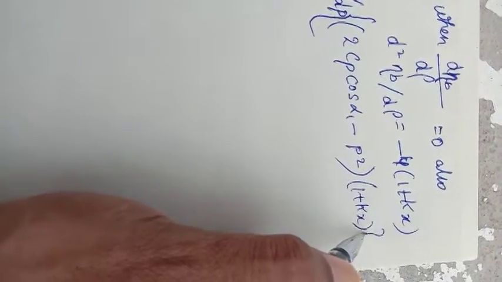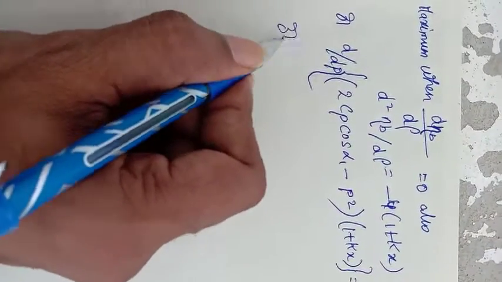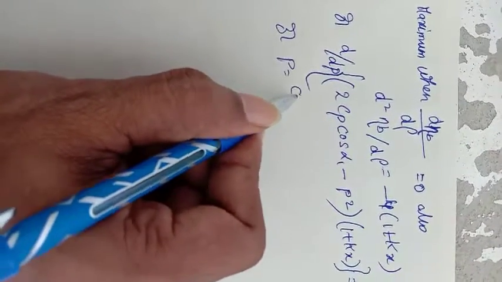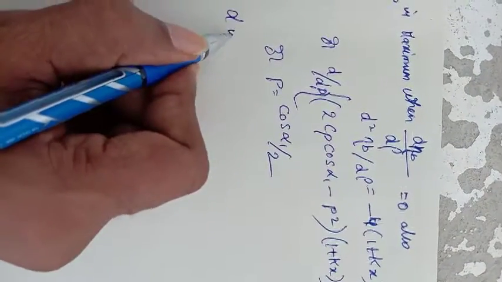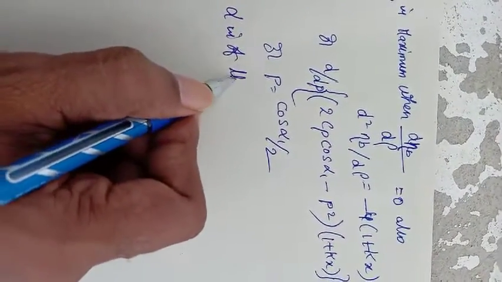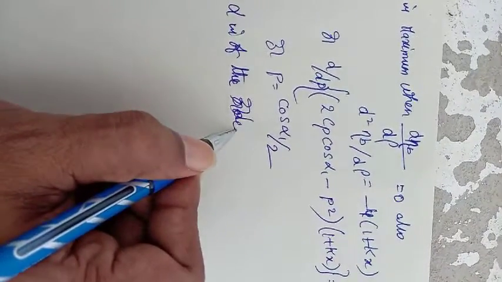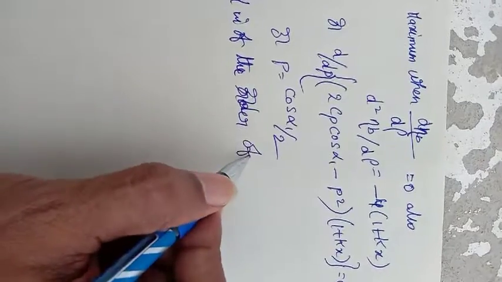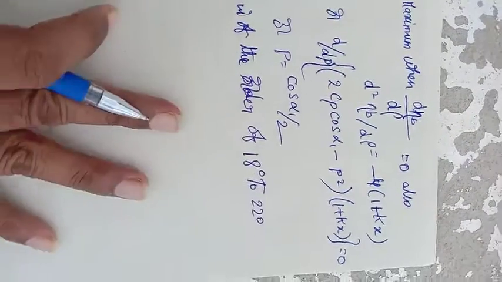Okay, this is equal to 0, or rho is equal to cos alpha 1 by 2. Now here alpha 1 is of the order of 18 degrees to 22 degrees.